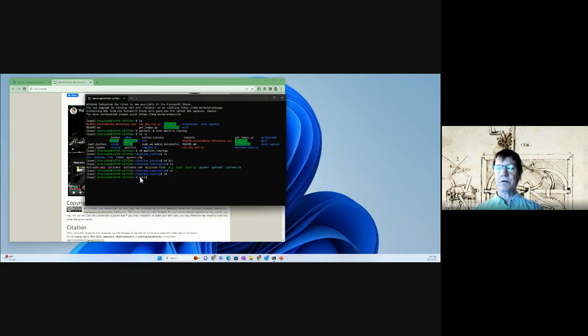So what I want to do is source the activate, and we are now in this machine learning environment.